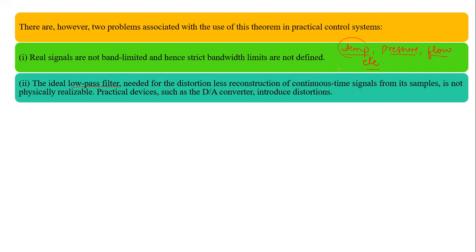The anti-aliasing filter is nothing but the low pass filter, so that the high frequency noise components which are present in the real signals can be filtered out from the useful signals. So the ideal low pass filter is needed for the distortion-less reconstruction of the continuous time signals from its samples. Now why is it important?